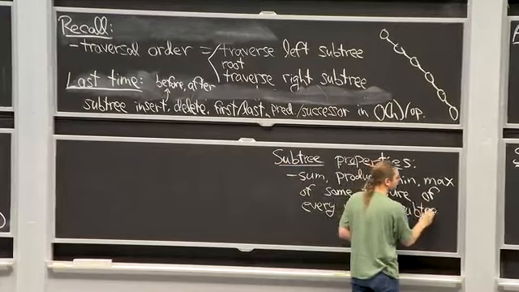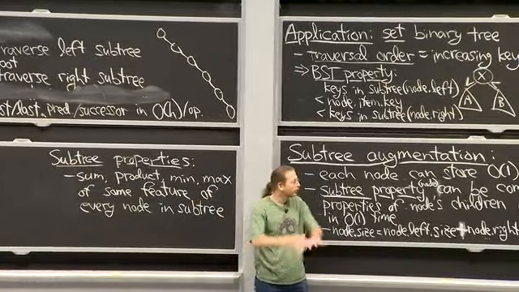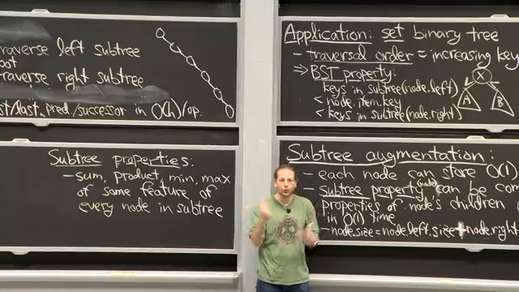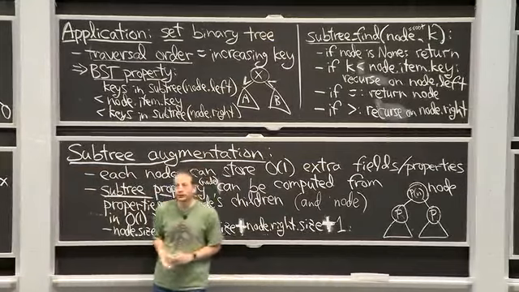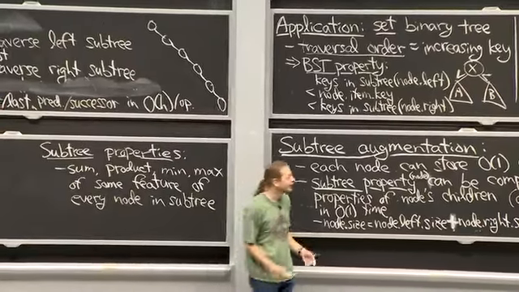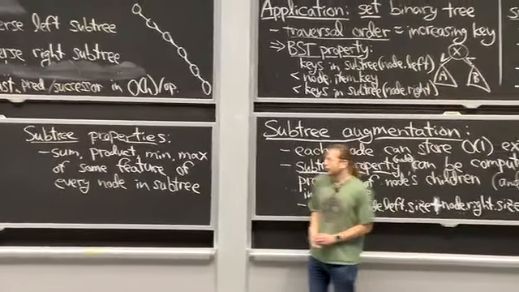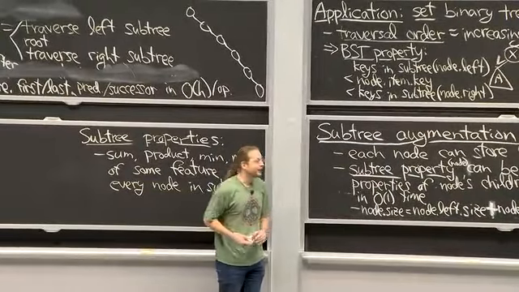In fact, subtree size is an example of such a thing. It is the sum over all nodes in the subtree of the value 1. That's another way to say count the number of nodes. But you could also ask, what's the sum of the keys in these nodes? Or what's the maximum key in these nodes? Or what is the maximum value in these nodes?